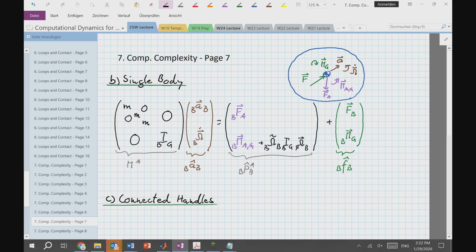So this is the change of angular momentum that comes through the change of the inertia. And again, that line gives you exactly your Newton-Euler equations of rigid body motion.